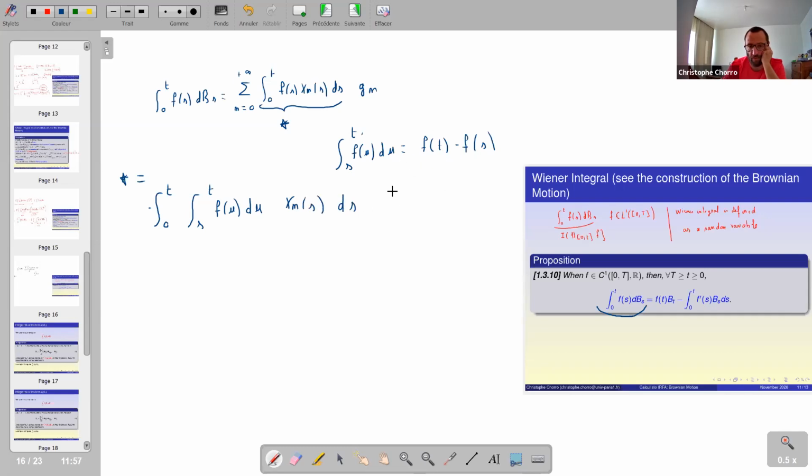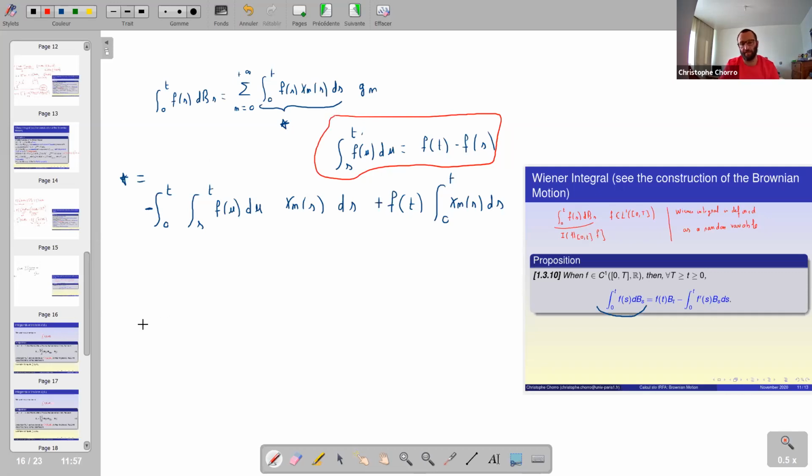So f of s is equal to f of t minus the integral, and so I have f of t times the integral between 0 and t of kn of s ds, and I repeat that I have a minus here. This term is equal to this one because I use the fact that I am able to compute the integral of the derivative.